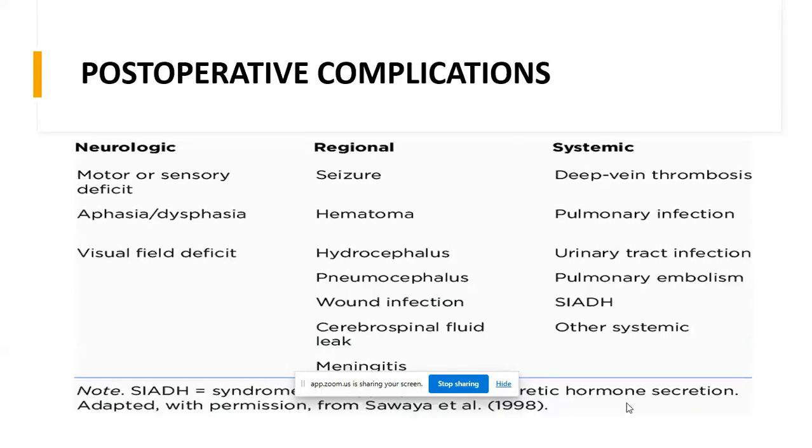Other common issues include post-operative nausea, vomiting, pain, hyperglycemia, and neurological deficits. Language or motor problems may also occur, and there might be hormonal imbalances like SIADH, and other systemic complications like DVT, pulmonary infections, UTIs, and meningitis.